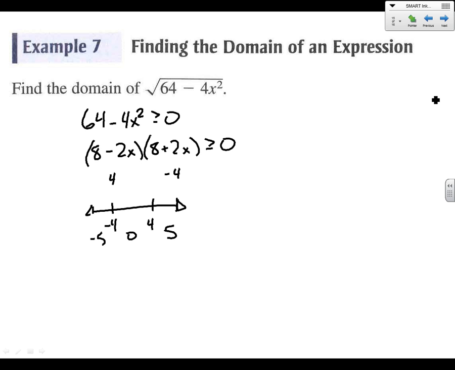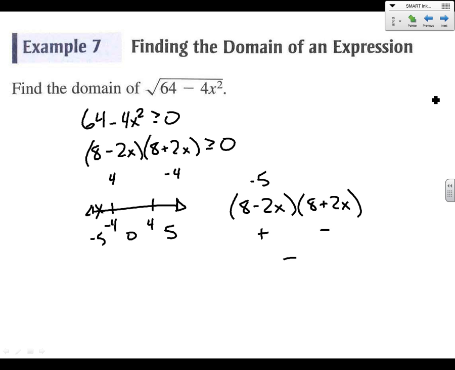And so if we plug in negative 5 to our first parentheses, let's see. If we plug in negative 5, we'll get 8 plus 10. That's positive. Here we'll get 8 minus 10. That's a negative. Multiplying, we get negative.